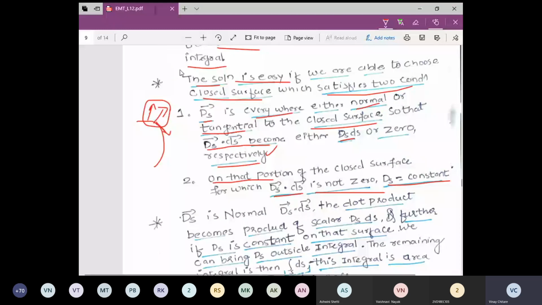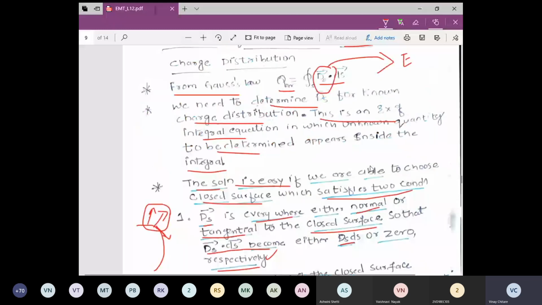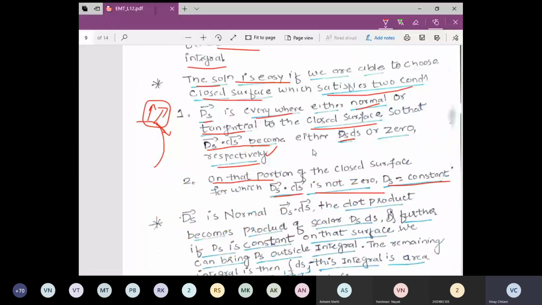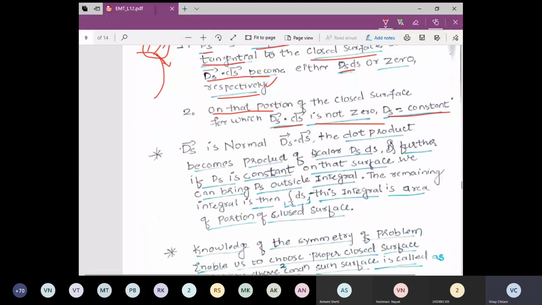For a given symmetrical charge distribution, if you can choose the closed surface such that it satisfies these two conditions, our solution becomes very easy. I have tried to explain that here. If D is normal, the dot product D dot dS becomes a product of scalars, D into dS. Further, if D is constant on that surface, we can bring D outside the integral.